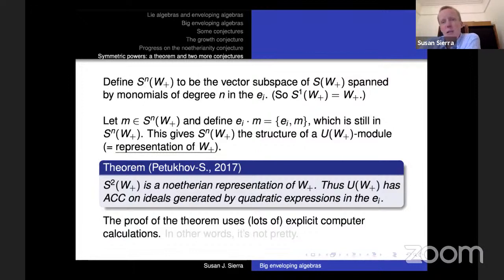So this is giving you an action of W plus on Sn of W plus, which gives the nth symmetric power the structure of a module over this enveloping algebra. Or if you like, it's a representation of the Lie algebra.